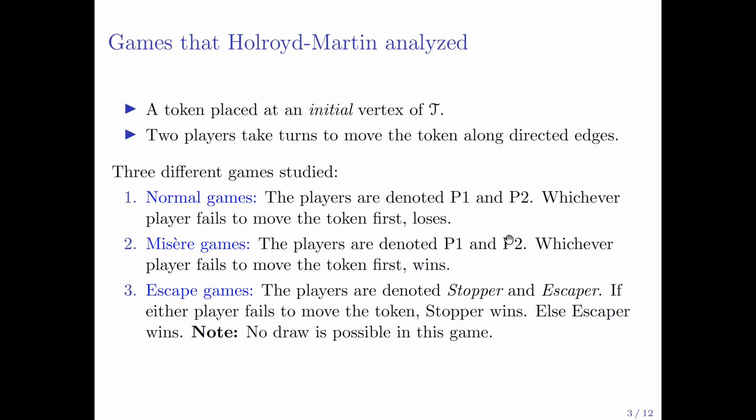So in these two games, it is possible that neither player ever encounters a leaf vertex in their path, and the game just continues forever, in which case you end up with a draw in the normal or misère games. But when it comes to escape games, there is no question of draw. So either the game continues up to a finite point of time, in which case stopper wins, or else the game continues forever, in which case escaper wins.